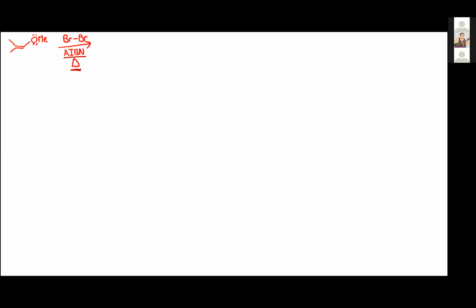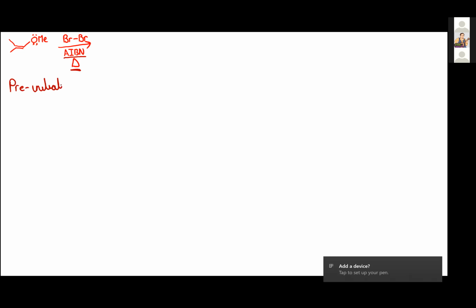So again, we're going to have a pre-initiation step here because there is a radical initiator, and a radical initiator is never involved in the propagation steps, and so it's not necessarily initiation. If no heat, no radical. No heat, no light, no radical. You need either heat or light. You need something to break the bonds, otherwise it's going to be a lot slower than just having Br add across the double bond.